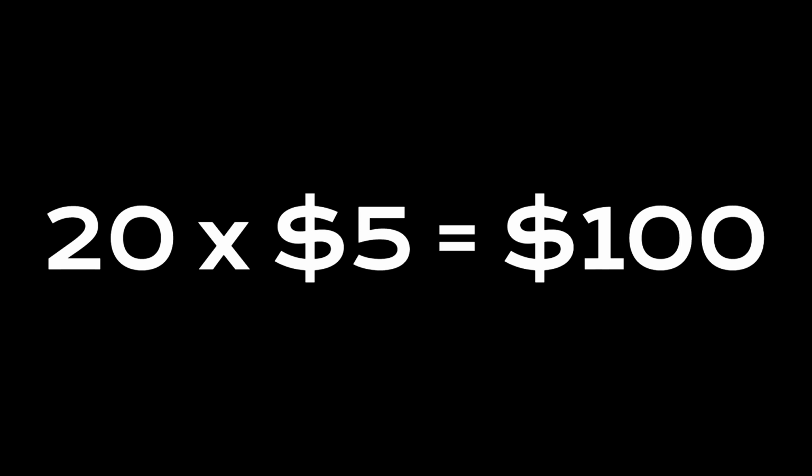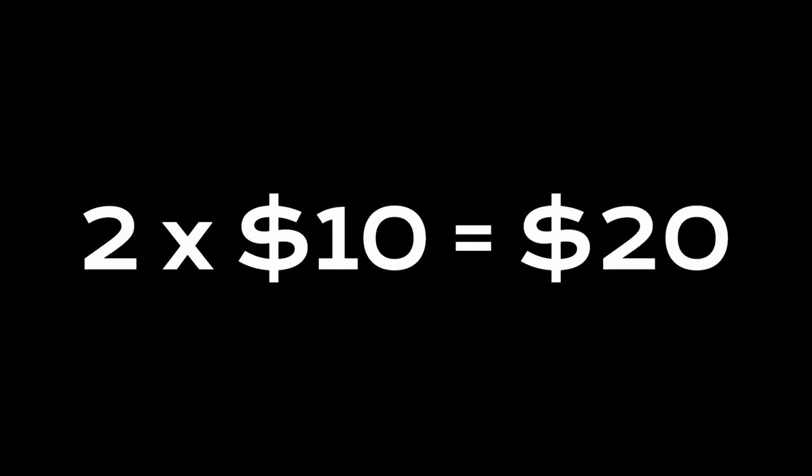This here is a $5 note. This here is a $100 note. And if we were to change this $100, we will get 20 $5 notes. Yes. Isn't it exciting, Eddie? Now there are two $10 notes in a $20 note.